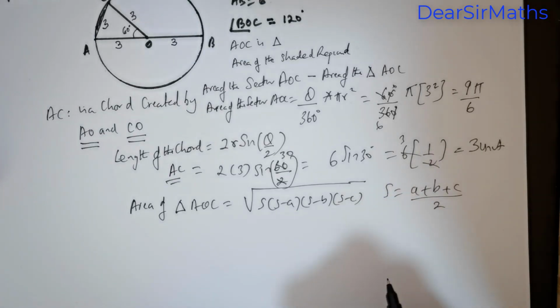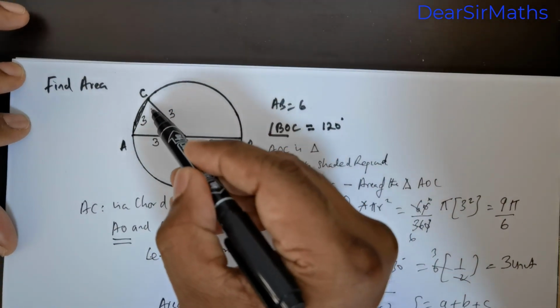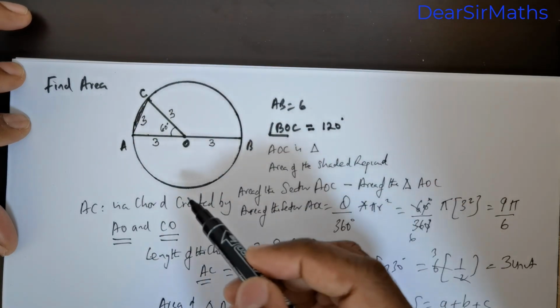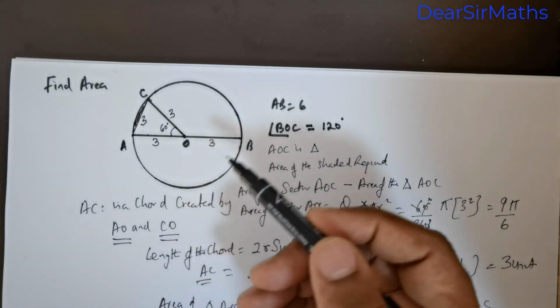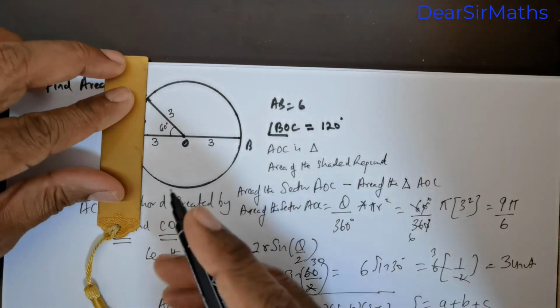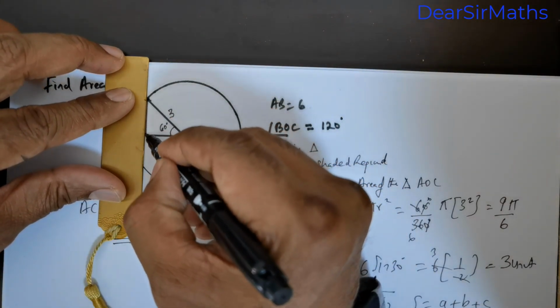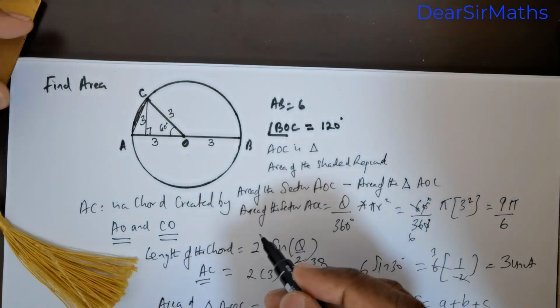You can utilize that, or you can drop a perpendicular from C to AO. Now if you were to drop a perpendicular from C, this is going to be making 90 degrees, right?